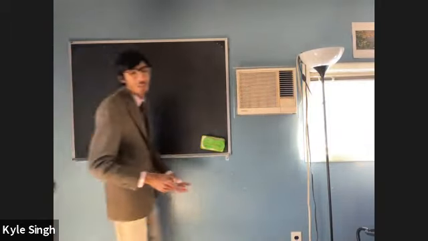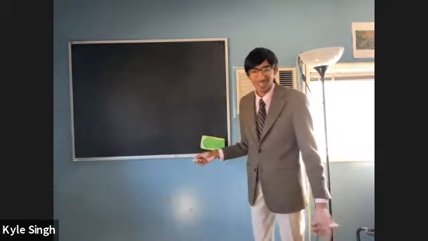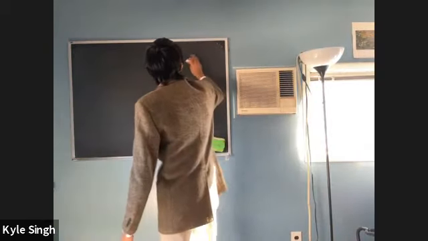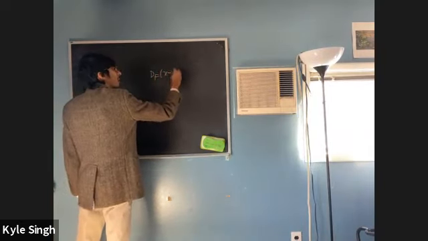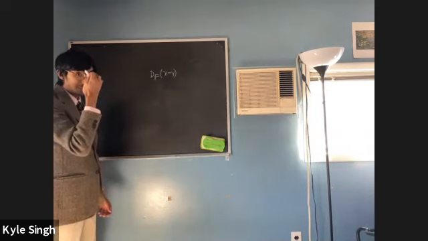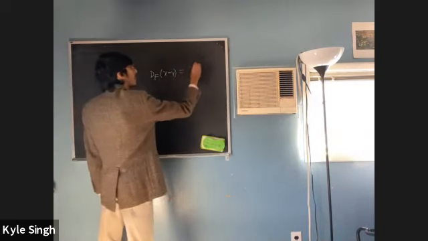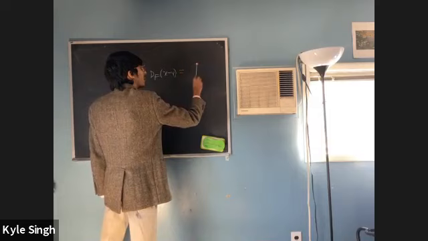Let's draw a Feynman diagram for a propagator. I have a propagator, let's just say D_F of x minus y in free field theory. This is the Feynman diagram for that.